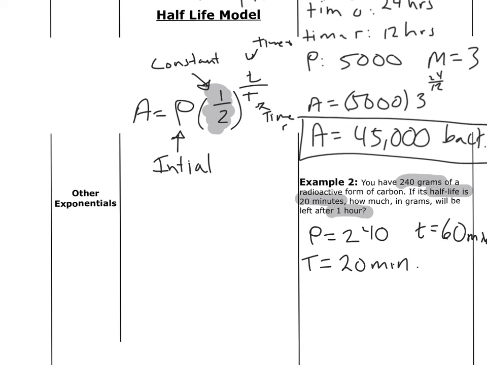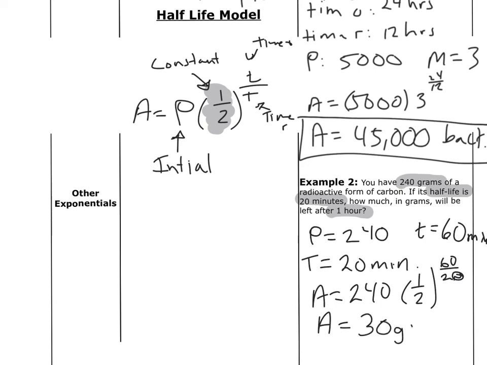So then when you go to analyze this, you have A is equal to 240 times 1/2, right? Because that's a constant. And it's to the power of 60 over 20. And so A is going to equal 30 grams. So in exactly 1 hour, you'll go from having 240 grams to 30 grams.